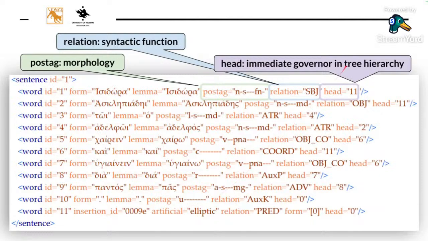And so these head attributes refer to the ID of the word in the XML. And this is how the tree is built backstage. And this is sort of everything you need to know in order to perform at least basic linguistic research.